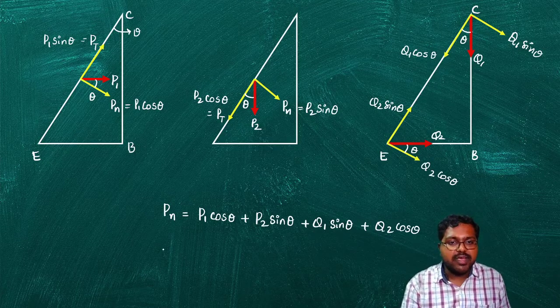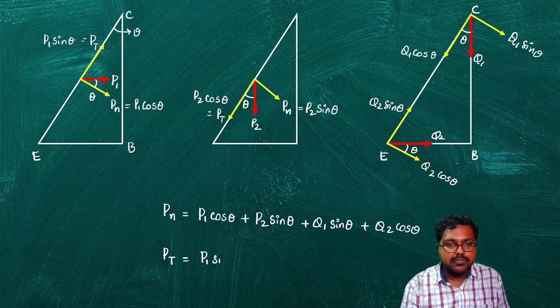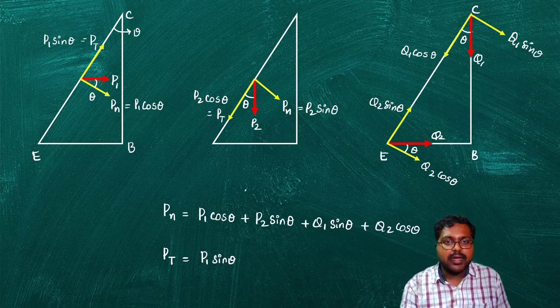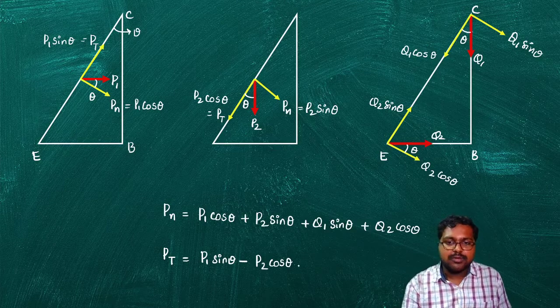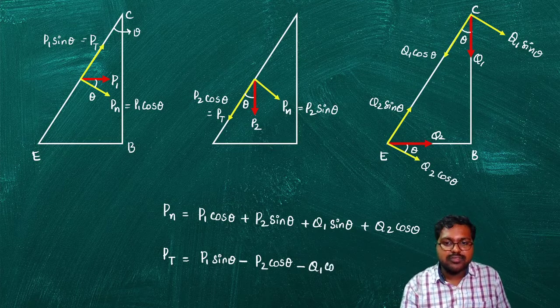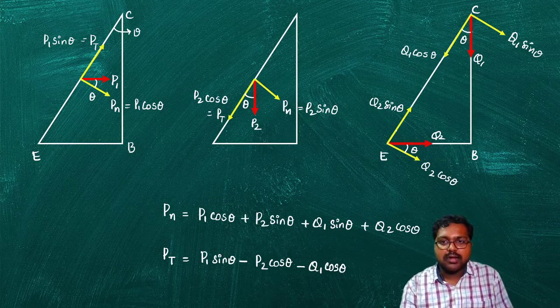In the same way, if I combine Pt, I will get in the first case P1 sin theta, and next in the second case P2 cos theta is acting downwards, so I am taking it as minus P2 cos theta. For Q1 we have downward acting Q1 cos theta, so again minus Q1 cos theta, and at last we have plus Q2 sin theta.